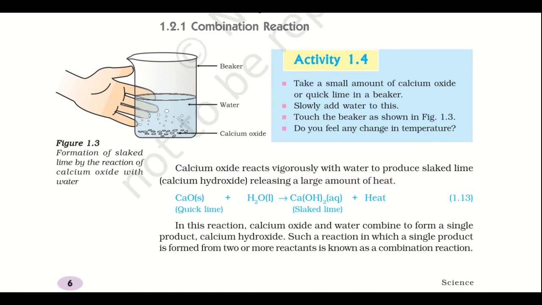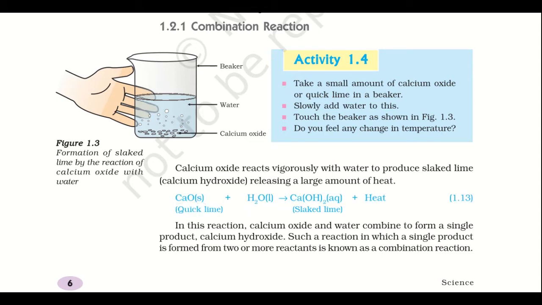Now if you go through the equation properly, you can see there are two reactants which combine together and form one product, that is slaked lime. Here heat is released, that means energy is released. But our main intention in looking at the equation was the number of products formed by the reaction of two reactants.